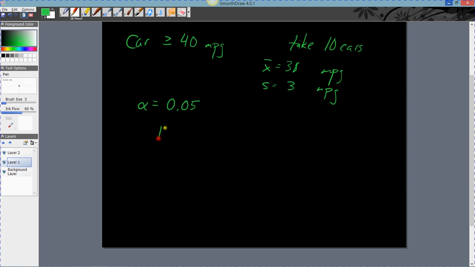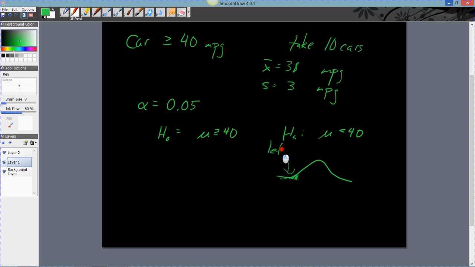Well, the null hypothesis is that mu is at least 40, which means our alternative hypothesis is mu is less than 40. You always draw the picture for the alternative because that's the one we're trying to get or not get. So it looks like this.